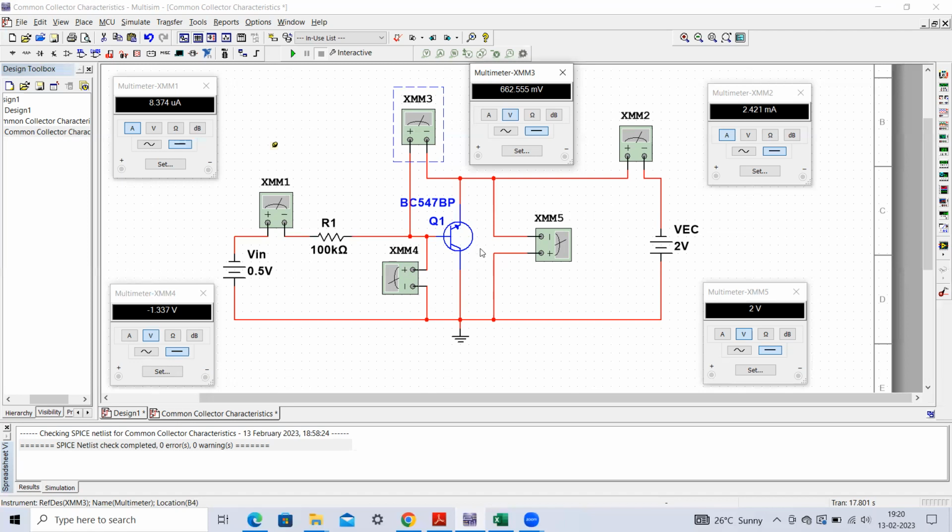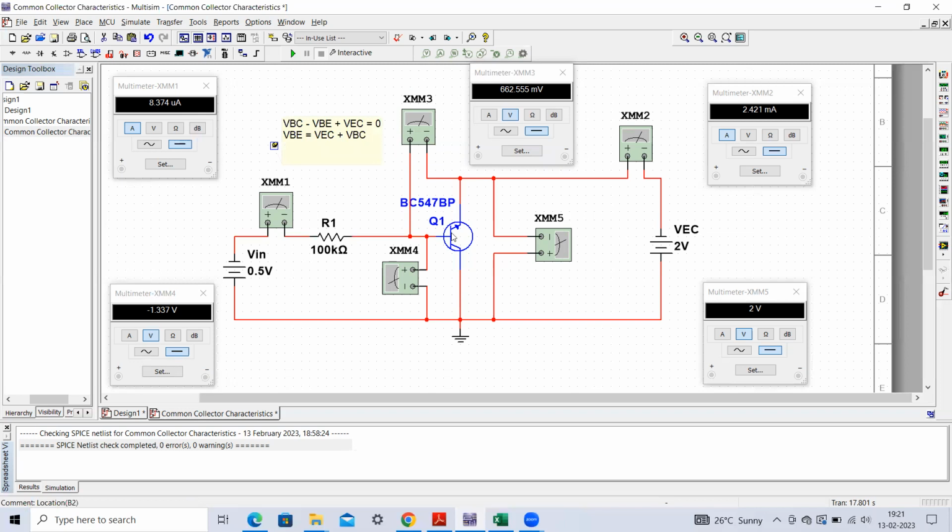So if you take these signs into consideration, and if you write the KVL expression around the transistor, you can write this as VBC minus VBE plus VEC equals 0. Please verify this, how to write this KVL expression. So here you can write a KVL expression around this loop, fine. Because this is negative, this is positive, it will be considered as positive. Negative to positive is positive, and then positive to negative, it will be negative.